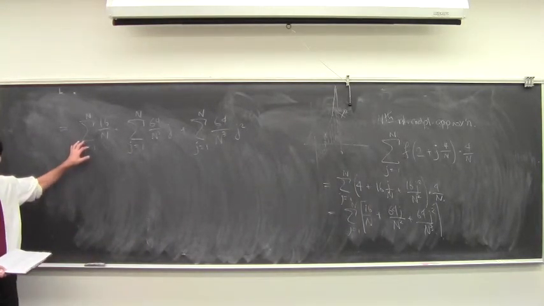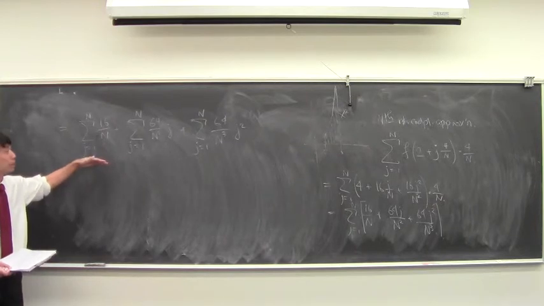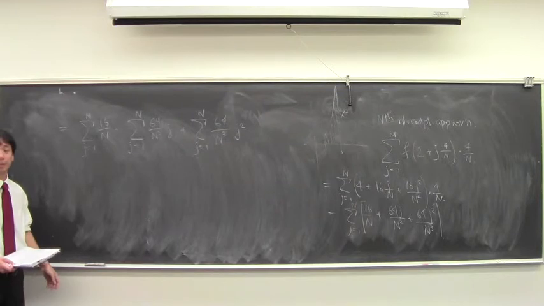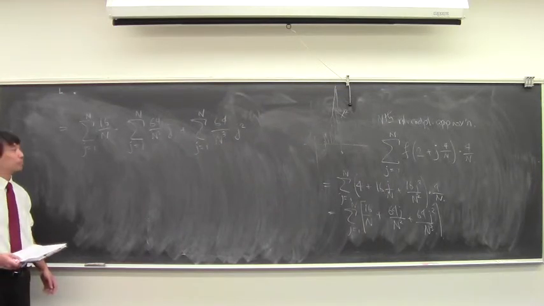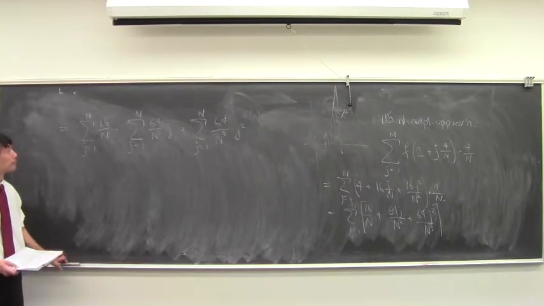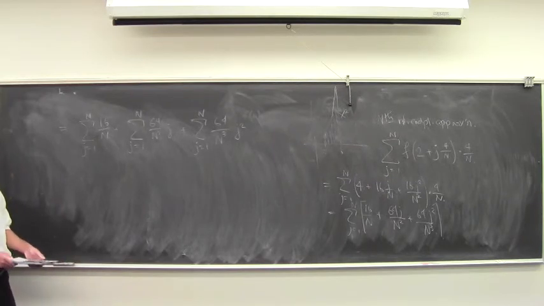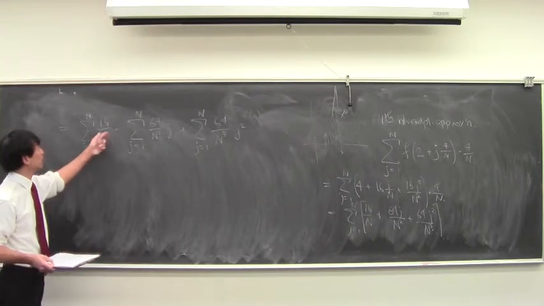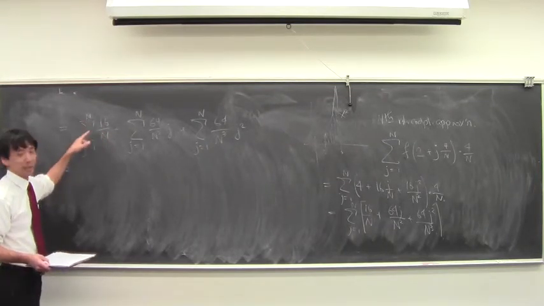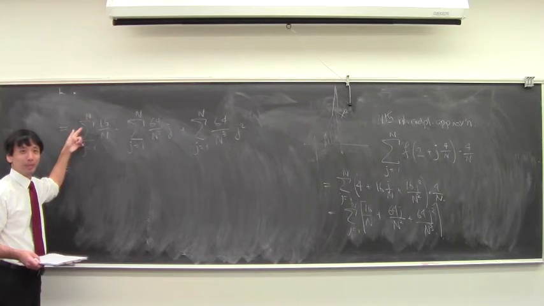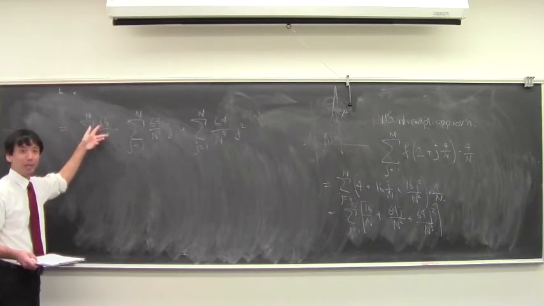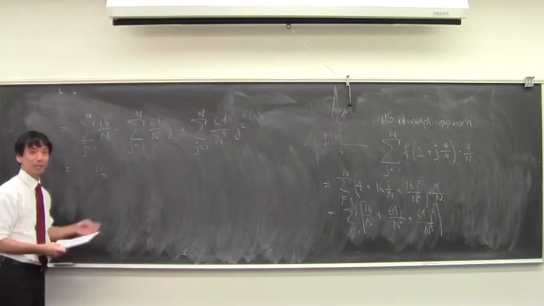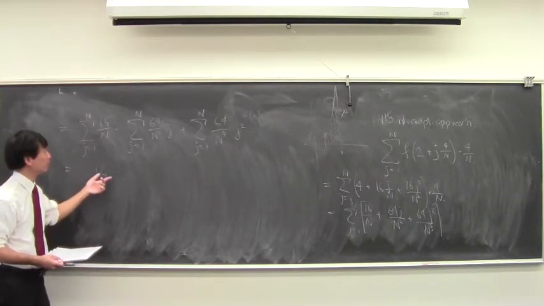This is separating the sum of the 3 sequences into the sums of the sequences. Okay, and now let's look at each one. I've got 16 over n, and I sum it n times. So this plus itself n times. That's just going to give me 16, right? 16 over n times n is 16.